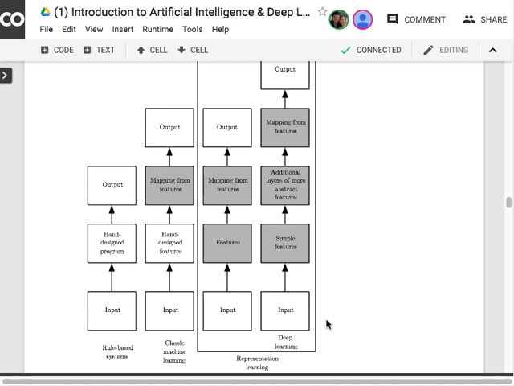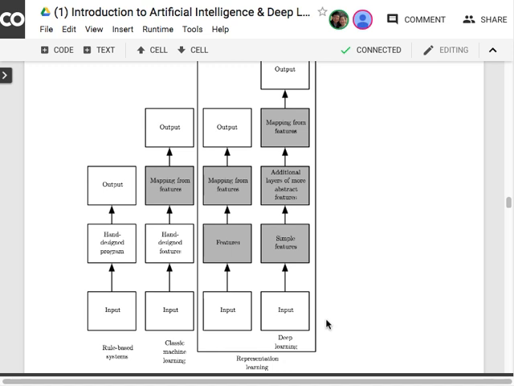The classic representation learning is we put in input, and the machine tries to extract features by itself, maps the features, and then gives output. But only one layer. But for deep learning, they get the input, extract a simple feature first, something like the border, the edge of the image, or for sound, something like pitch level. And then they have additional feature extraction layers to extract more features, and it becomes the leg, the plane, the shape of a triangle, something like that.